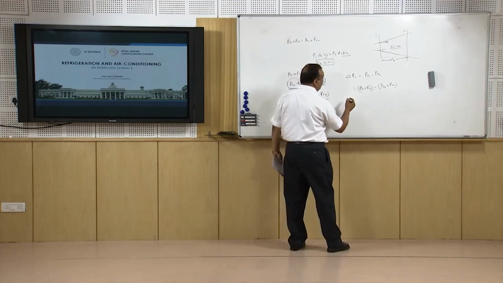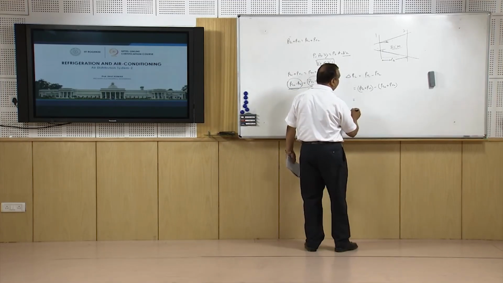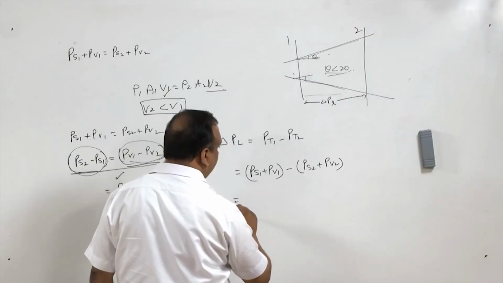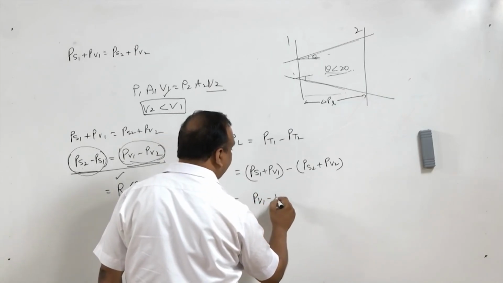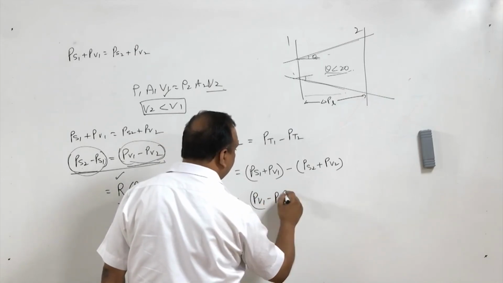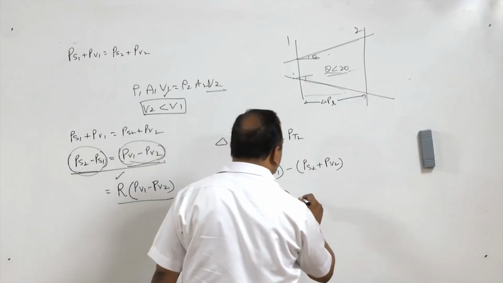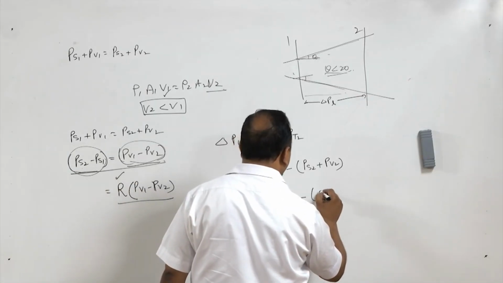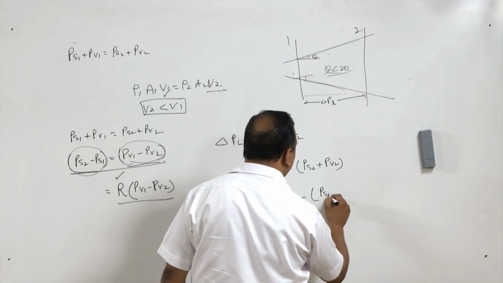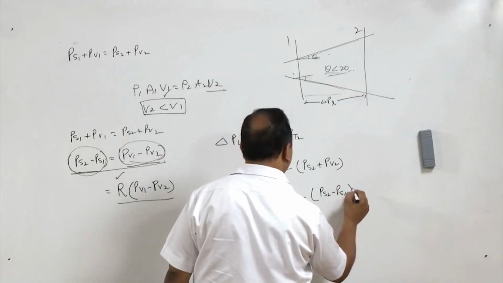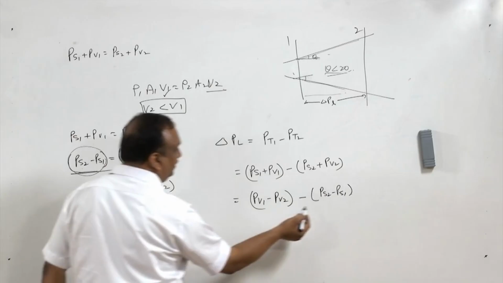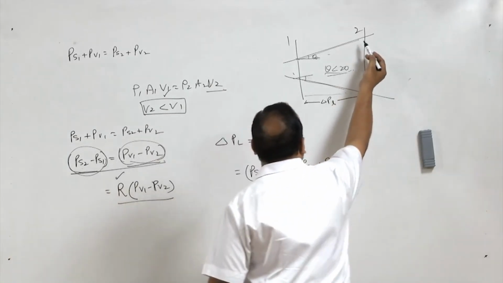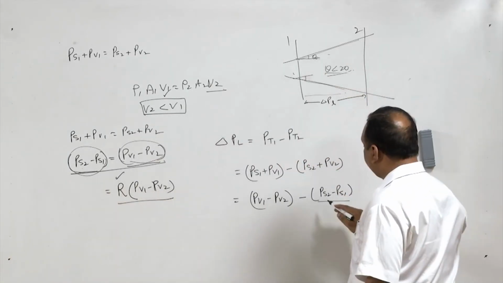If we rearrange these values, we get PV1 minus PV2 minus PS2 minus PS1. PS2 minus PS1 is the static pressure at state 2 minus the static pressure at state 1.